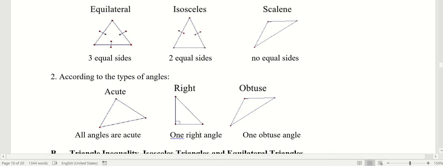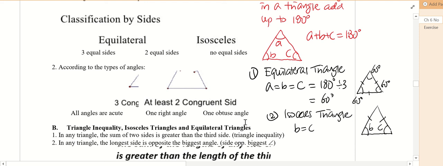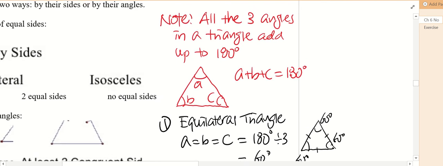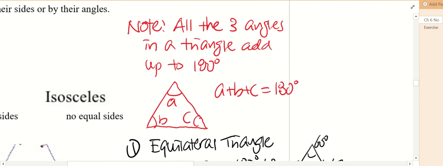Now, there's another property of triangles that I need you to remember. You're going to use this for a very long time. If you need to, please pause the video and take it down by the side of your notes on page 10. For all triangles, I don't care what the size is or what type it is.